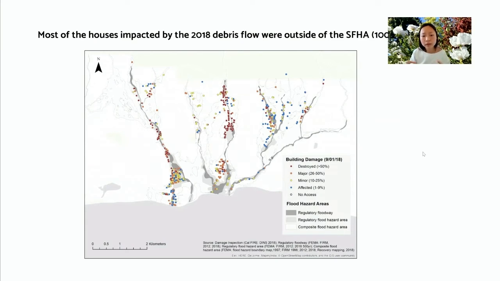And therefore, that's the reason why when we're understanding exposure, we're more interested in understanding how exposure changes within the extended flood hazard areas, but not only within the regulatory flood hazard area.